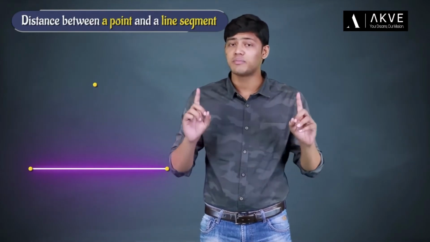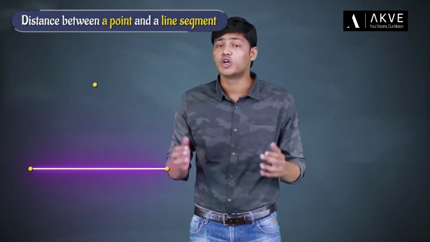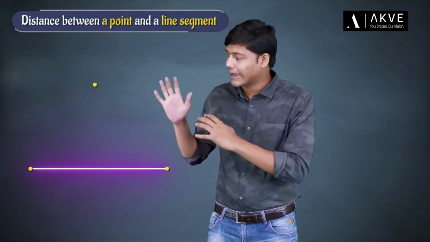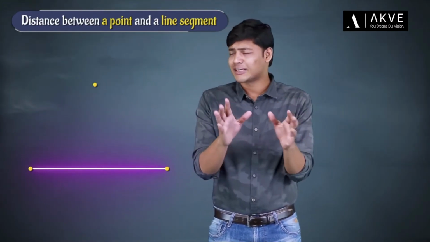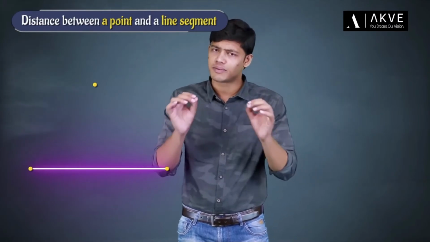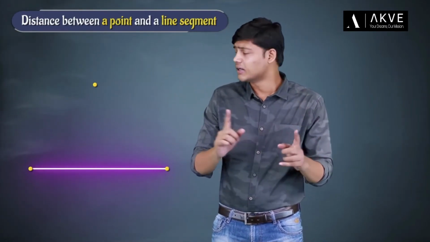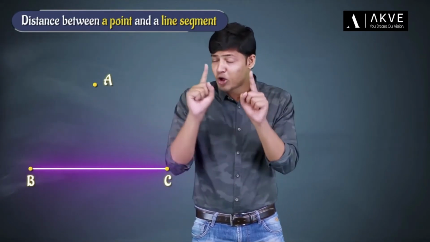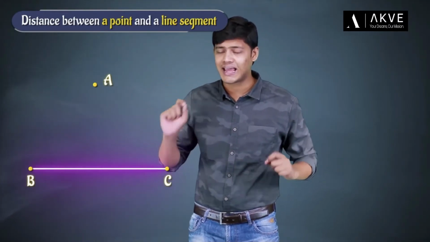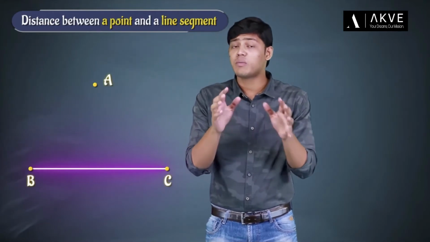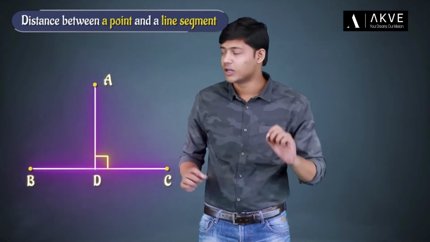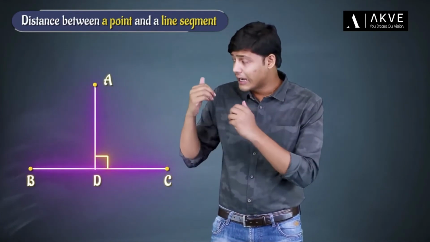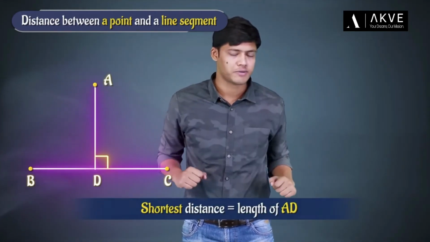And for the same reason, we will not use the previous definition of shortest distance in this case. Let me explain this with the help of some examples. Consider a point A and a line segment BC like this. Because of the position of the point and the line segment, we are able to draw a perpendicular from the point onto the line segment, and therefore it will be the shortest distance.